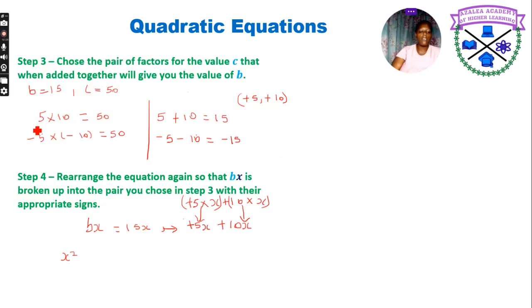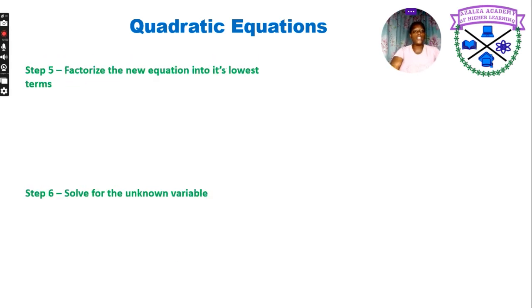That 15x is going to become plus 5x because it's positive 5, plus 10x because it's positive 10, plus 50 because it's positive 50, which is equal to 0. And this we can work with. Okay, let's move on to the next step, which is step 5. So we are looking at the new equation.